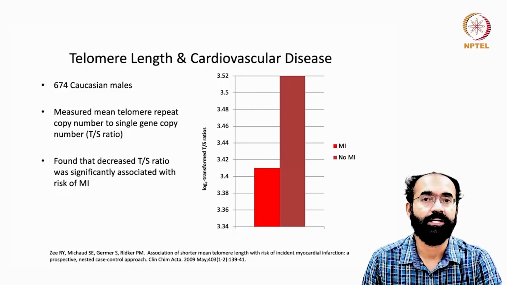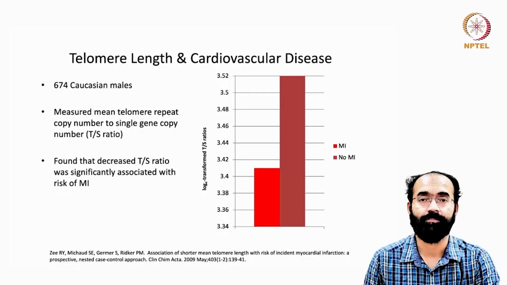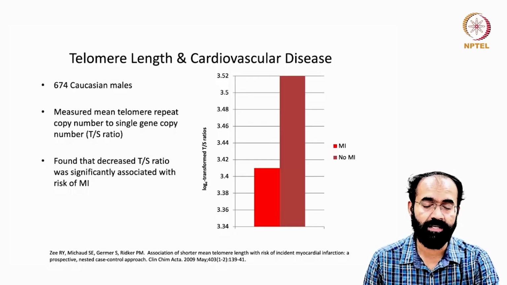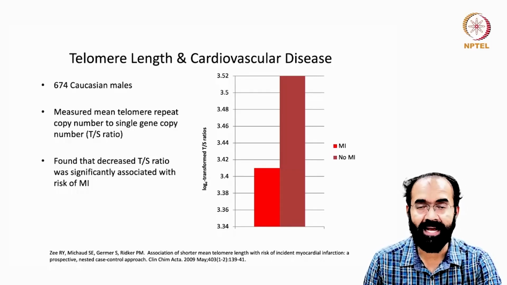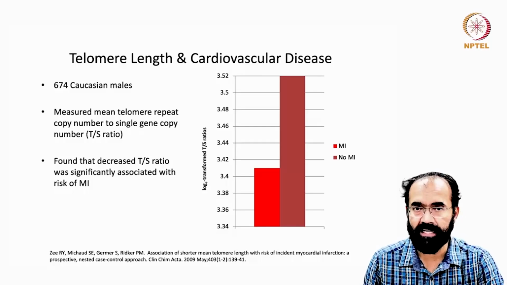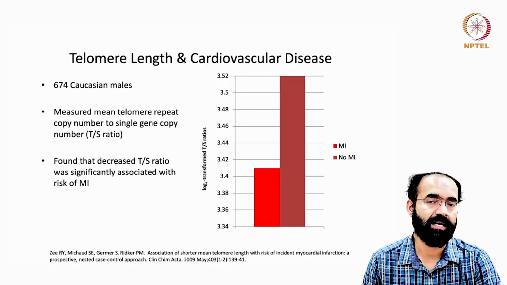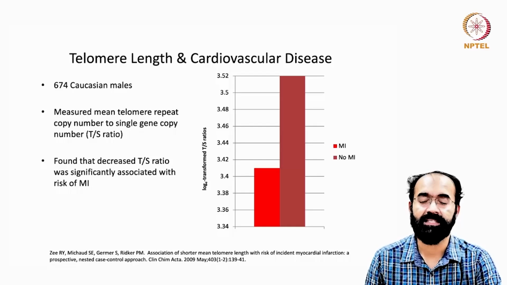Because the numerator is getting lower, that is the T value, the repeats are getting lower and lower, which brings down the TS ratio, which enhances the rate of myocardial infarction. So the message is clear: if the telomeric repeats are decreasing for whatsoever reason, it can be due to aging, it can be due to stress, it can be due to various biological conditions, that can enhance the chances of getting myocardial infarction.